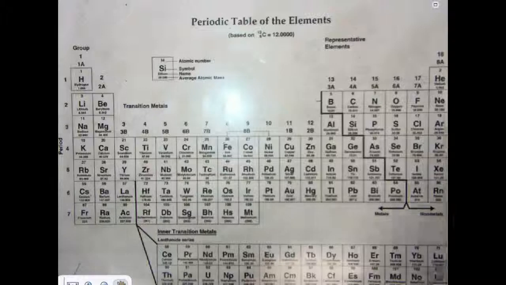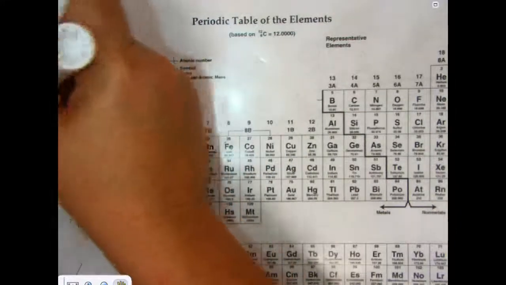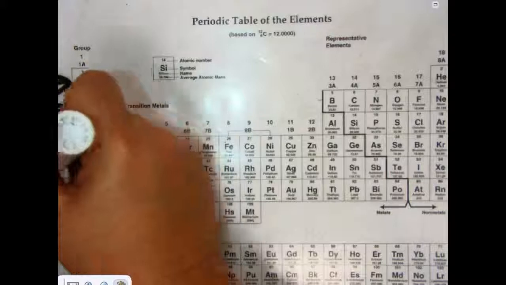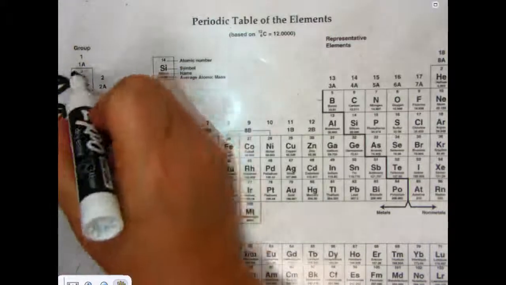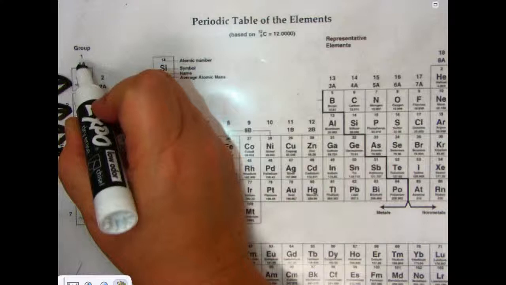Okay, the next thing that you need to understand is the rows. And the rows are called periods, and what you need to know about the rows is that as we go from left to right along the row, we add a proton.